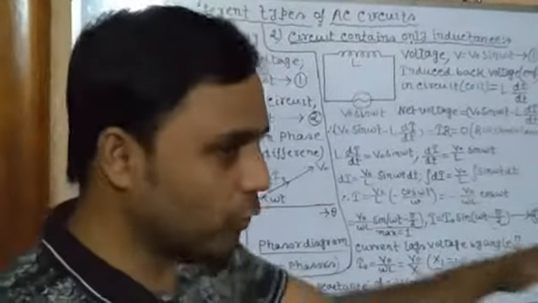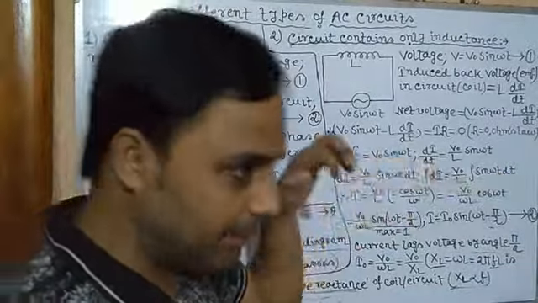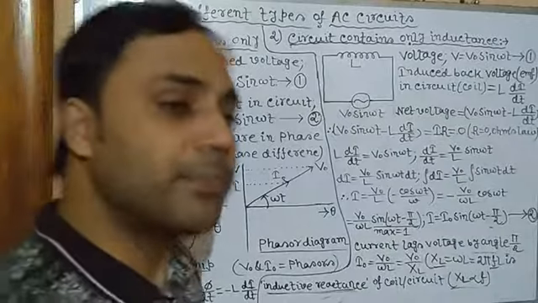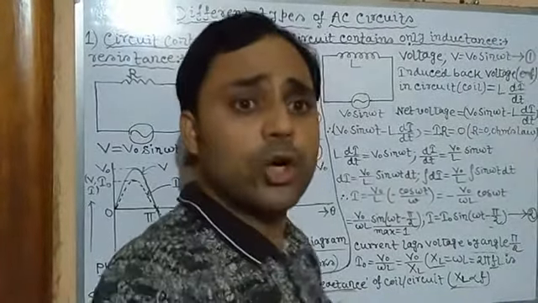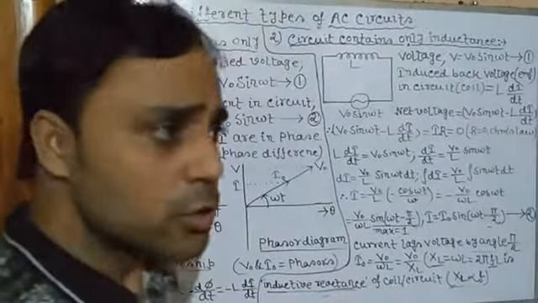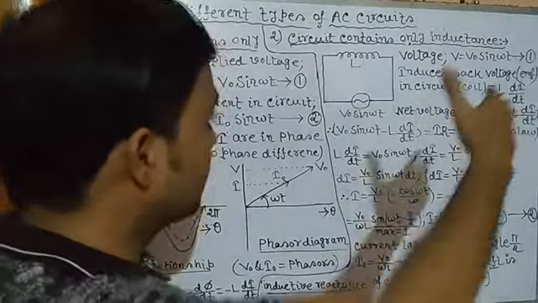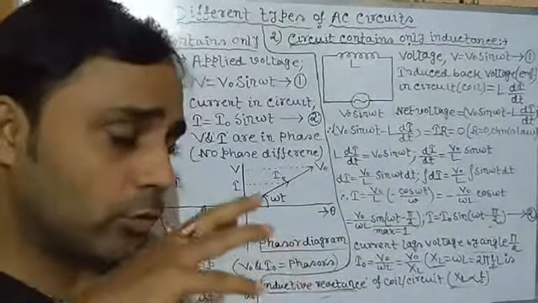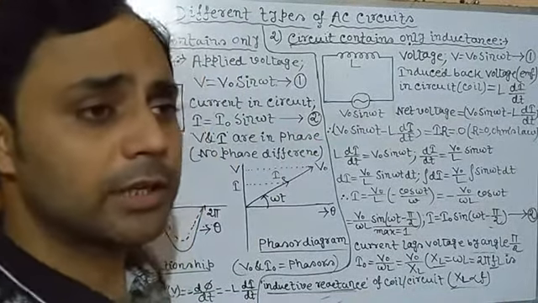Due to more flow of current, the change of flux will be more, and the self-inductance will be more, which in turn increases inductive reactance. It will offer more opposition, it will be stronger. So it will be of the highest order, and it will offer a high rate of opposition in the flow of alternating current.